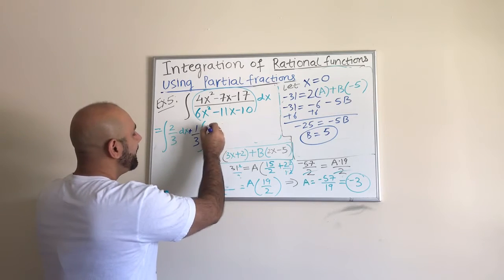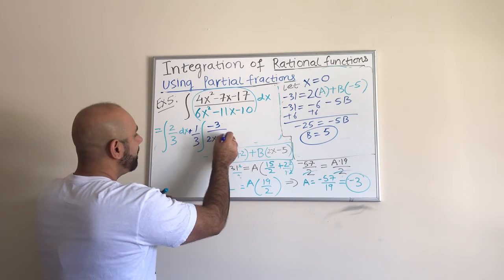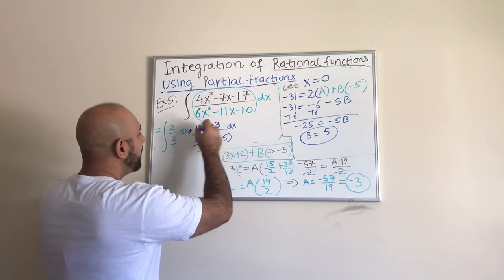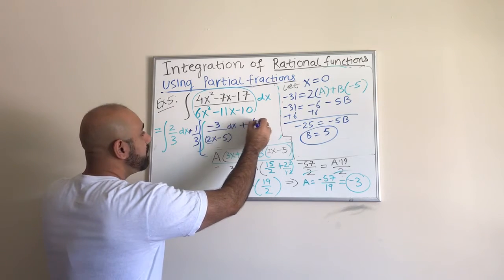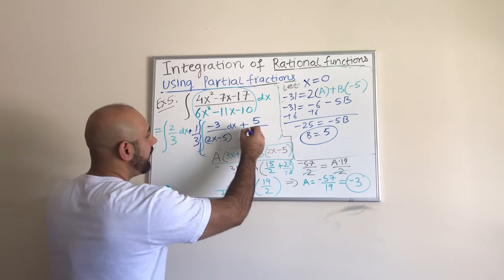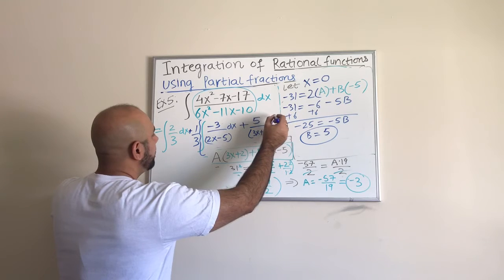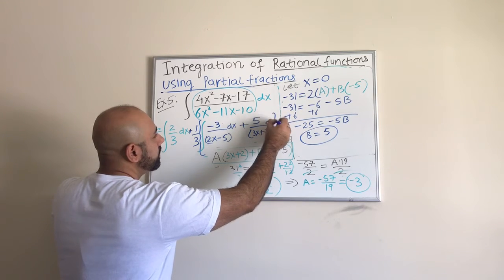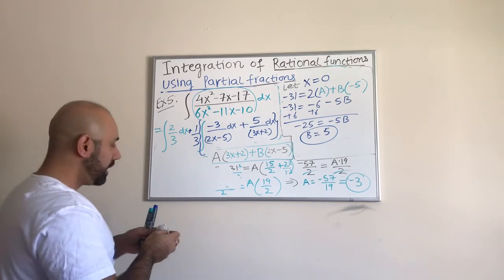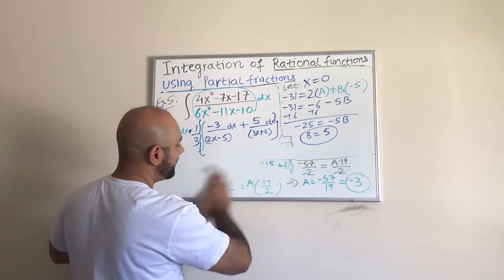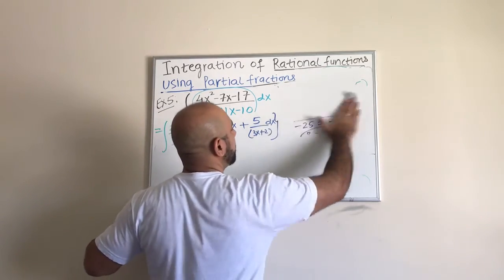And then there's an a which is negative 3 over 2x minus 5 dx. And then keep in mind there was a parentheses here. And then there's a plus b, which is 5, divided by 3x plus 2 dx. And then I'm going to close this parentheses. I think we already have a, b, and all those rational functions. We can get rid of everything else, and now just focus on evaluating the integral of these 3 terms.